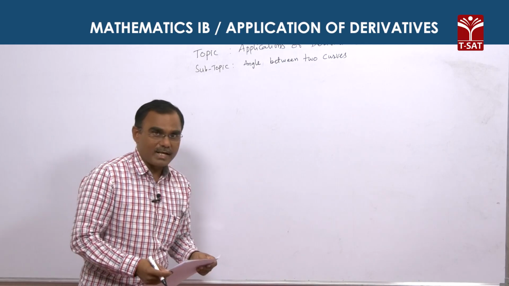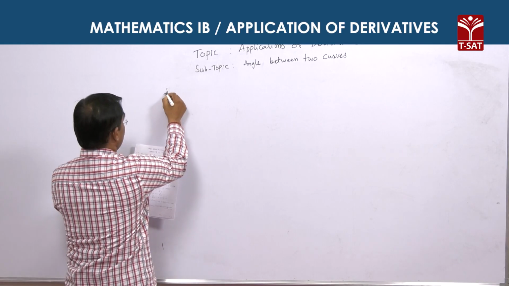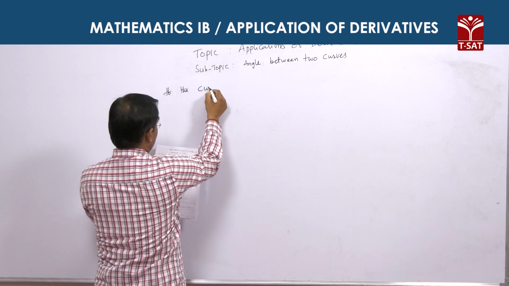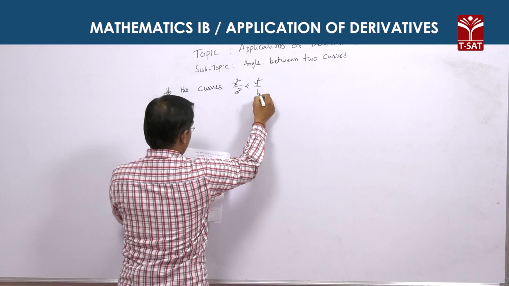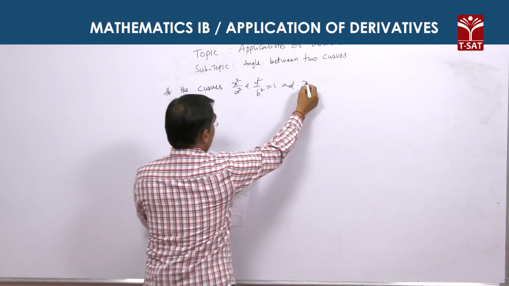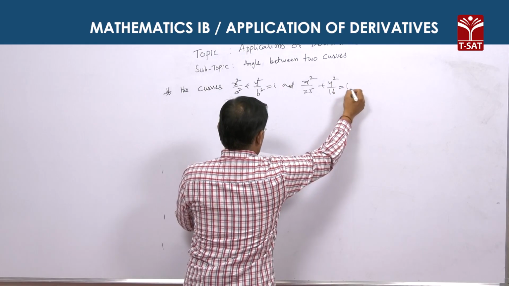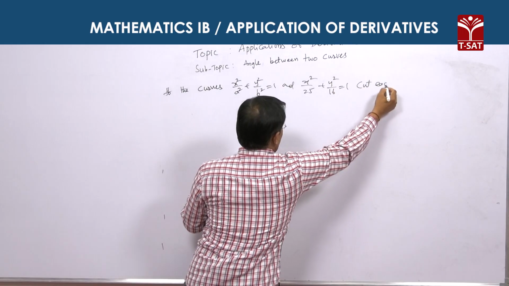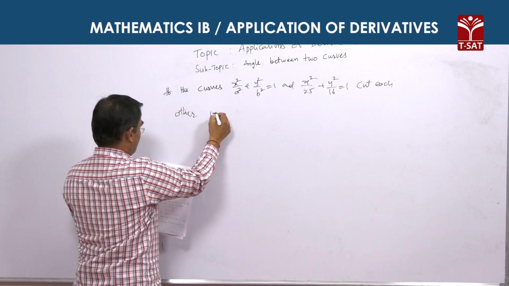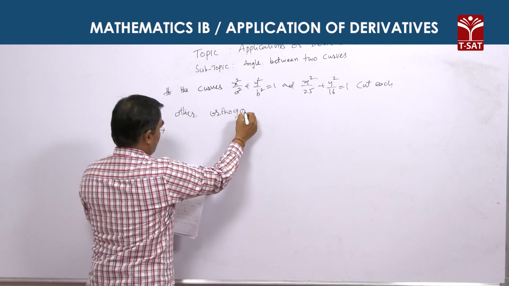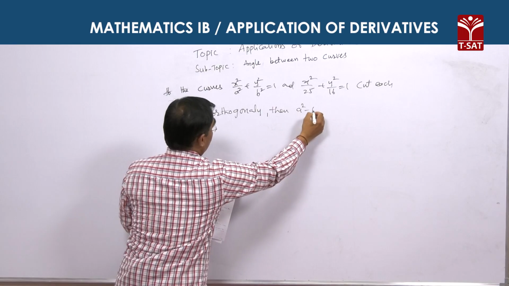Suppose in this direction we discuss some problems. First problem: if the curves x square by a square plus y square by b square is equal to 1 and x square by 25 plus y square by 16 is equal to 1 cut each other orthogonally, then what is the value of a square minus b square?